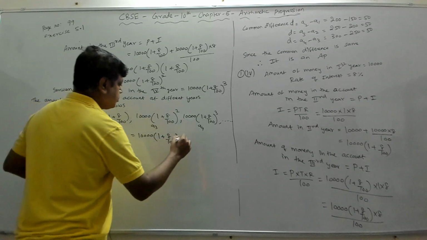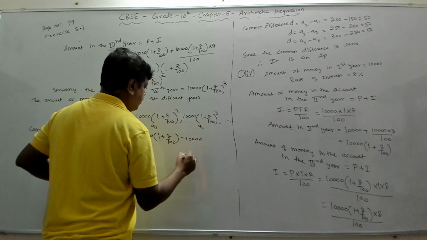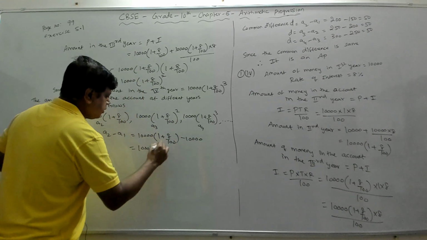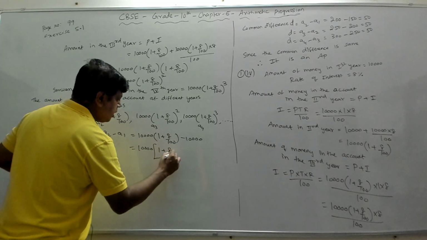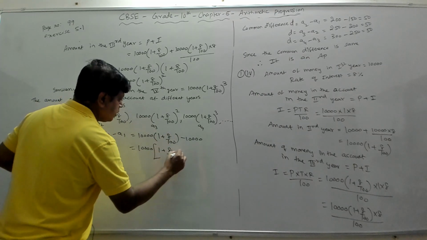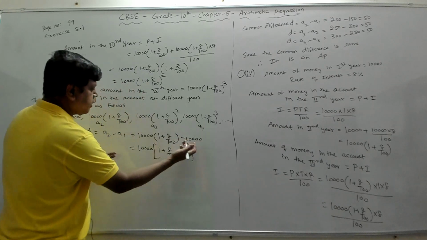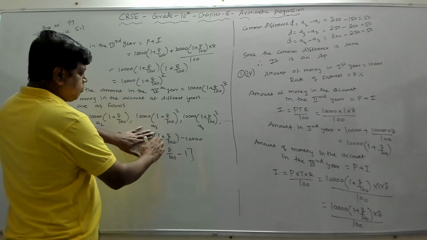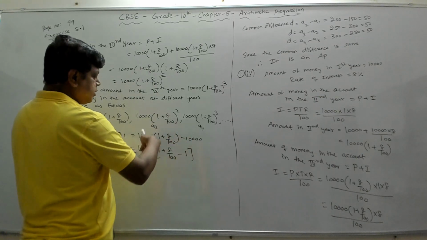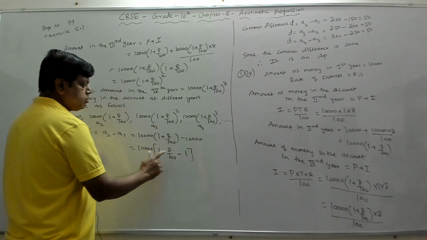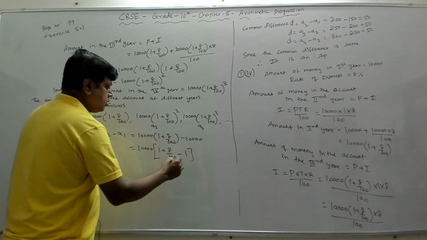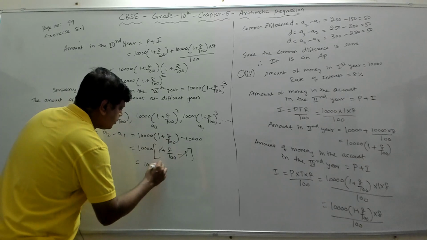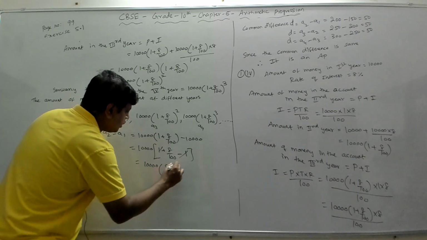A1 is 10,000. If I take 10,000 common, this will become (1 + 8/100) minus 1. So 1 minus 1 will go, and you will get 10,000 into 8/100. That is your d.